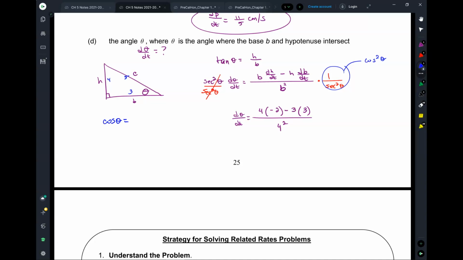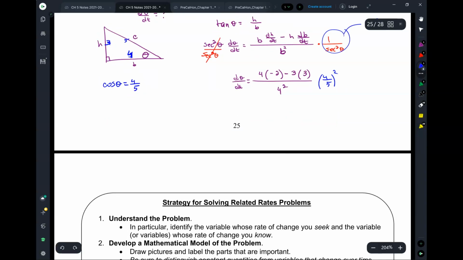It's 3 here and 4 here. What's cosine of theta? 4 over 5. So cosine squared theta is 4 over 5 squared. How cool is that? Who would have thought that was coming, right? Not me.